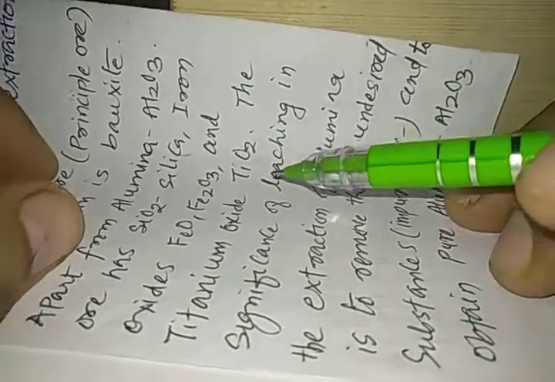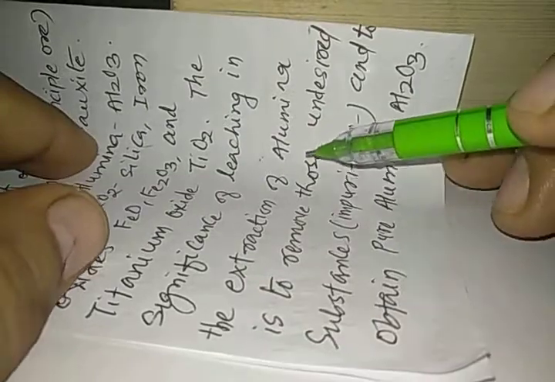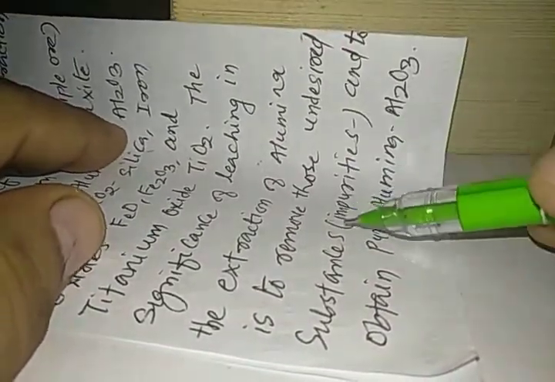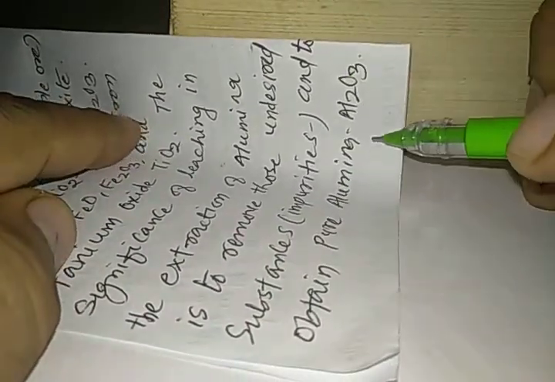The significance of leaching in the extraction of alumina is to remove those undesired substances or impurities and to obtain pure alumina, that is Al2O3. This is how it really works.